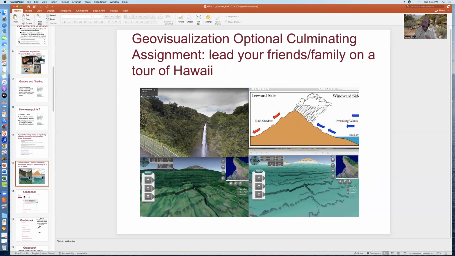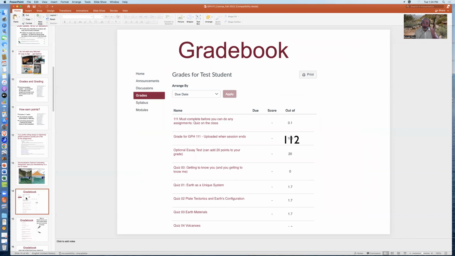So it's a different culminating experience that you'll have to check out on your own if you want to, but it's optional. The gradebook is very confusing for students, and there's really only one thing you need to focus on: the total number of points. Keep your point total, and when you reach 112, I guarantee you, you have an A+.